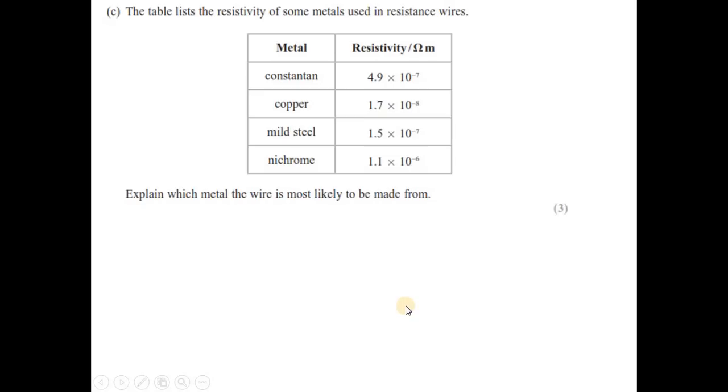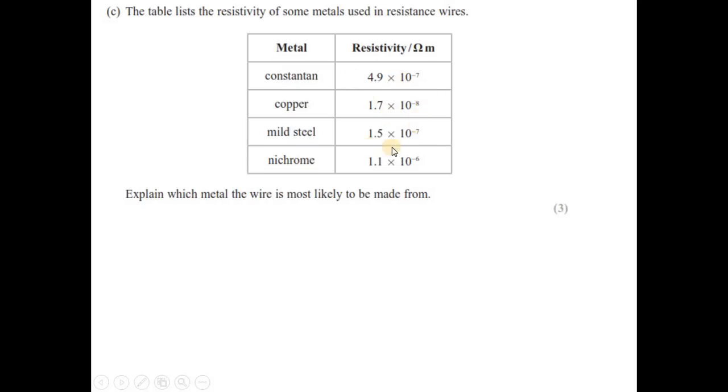The table lists the resistivity of some metals used in resistance wires. So this is the list of some metals with the resistivity given. Explain which metal the wire is most likely to be made from. So there are two techniques to figure out which material we are dealing with if some values are given. One technique, which is quite long, is you calculate the percentage difference and compare it with the percentage uncertainty that we already have, and we compare the percentage difference of every metal with the percentage uncertainty to figure out which one has a percentage difference less than the percentage uncertainty.